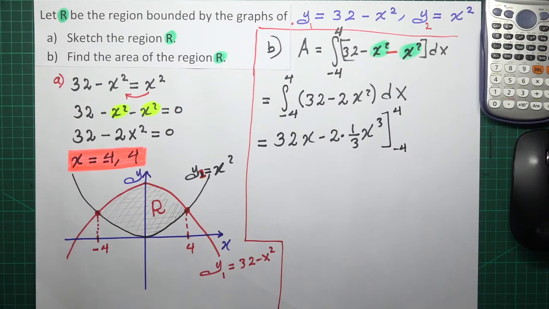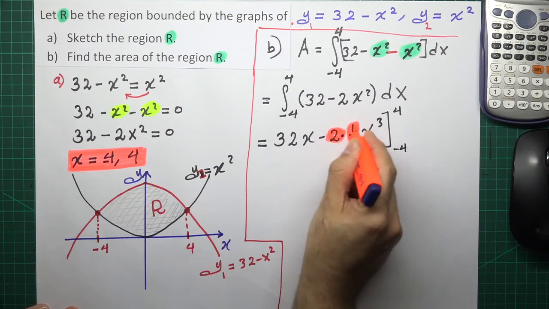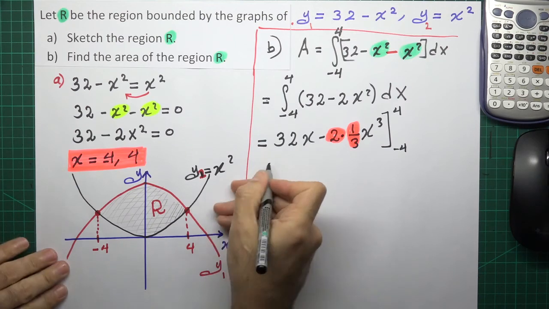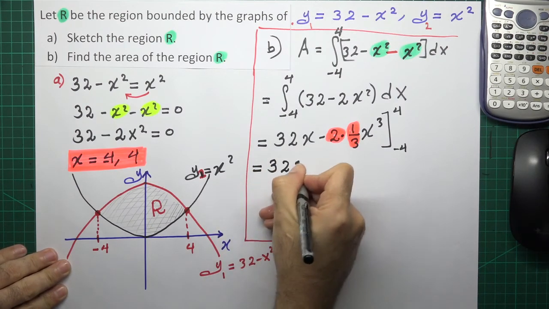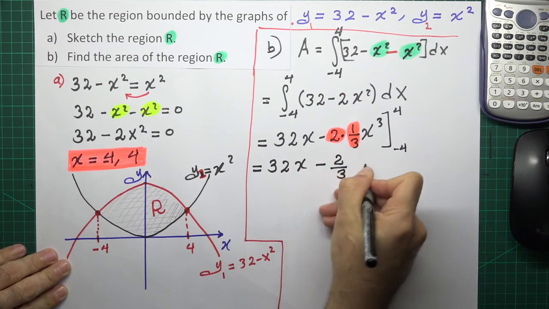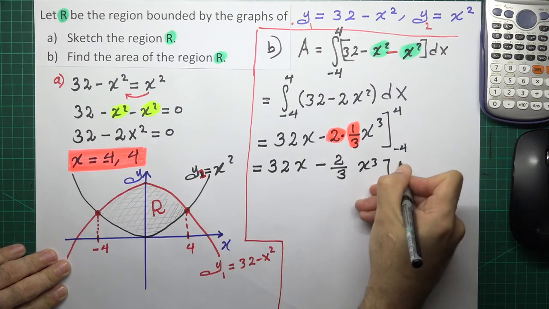My next step, I will multiply minus 2 with 1/3. It will be like this: 32x minus 2 over 3 x cubed, from minus 4 till 4.